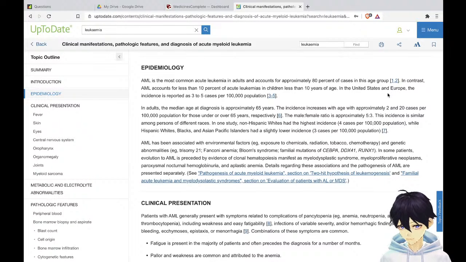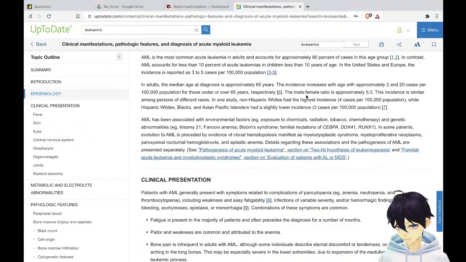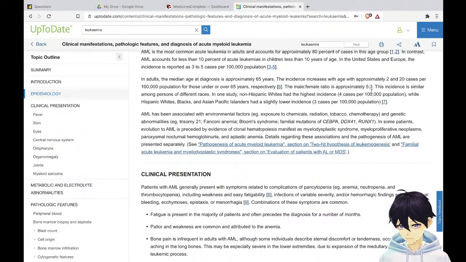In the United States and Europe, the incidence is reported as 3 to 5 cases per 100,000 population. In adults, the median age at diagnosis is approximately 65 years. The incidence increases with age, from approximately 2 cases per 100,000 population for those under 65 years to 20 cases per 100,000 for those over 65 years.